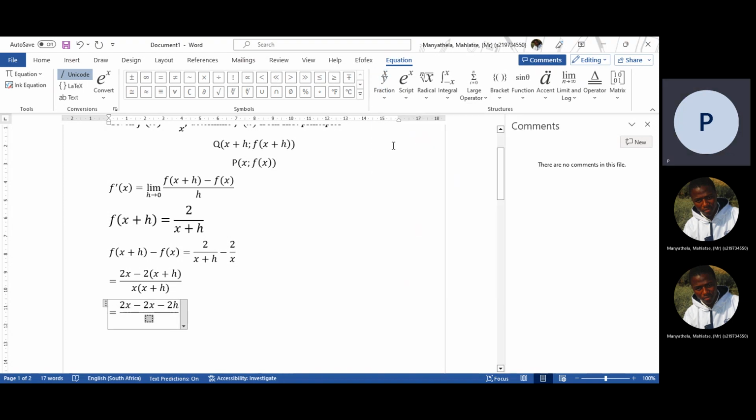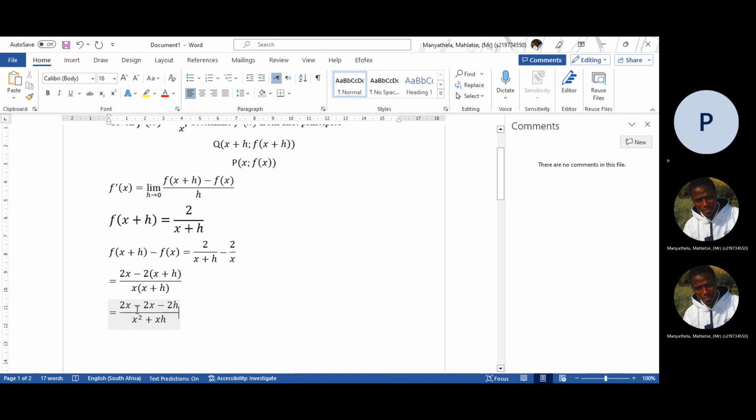So all over, here we have x multiplying x, it will be x squared. And then x multiplying h gives xh. So let's add the like terms.